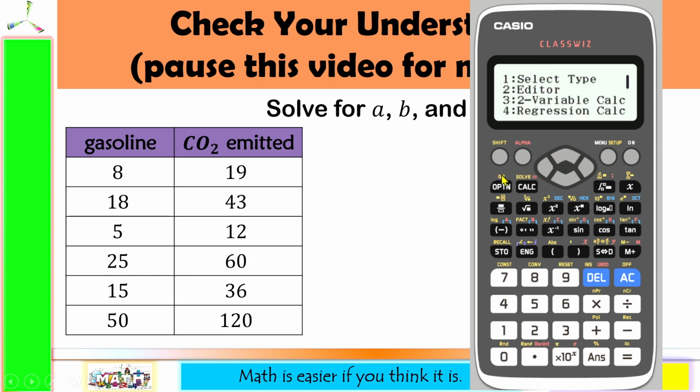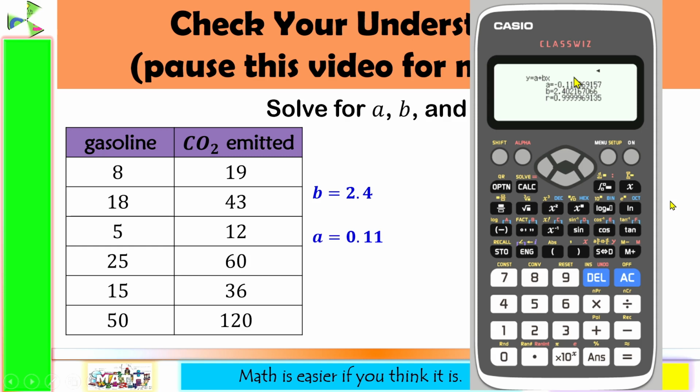Now let us click in option. Then let us choose number 4. There we have it. Our B is equal to 2.40 and our A is equal to 0.11. Therefore, our y hat is equal to 2.4x plus 0.11. Got it? I hope you'll get the same answer by following the steps.